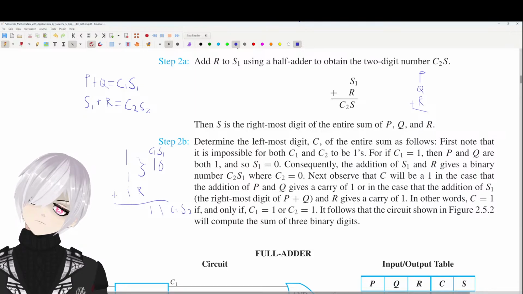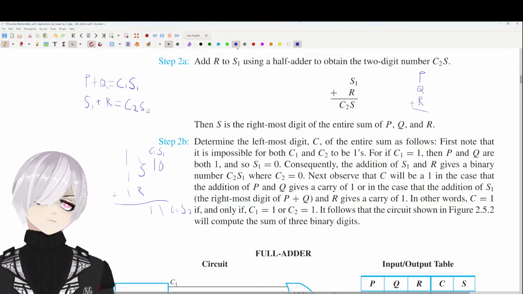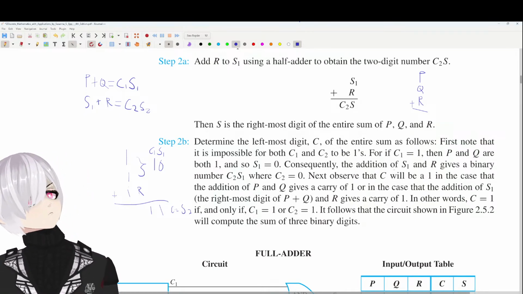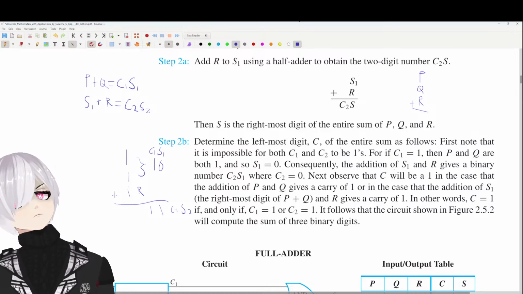We have S1 equals 0, so we can just substitute, and then we have 0 plus R equals C2S. Because in this scenario, we showed that S1 equals 0. So S1 plus R is 0 plus R.